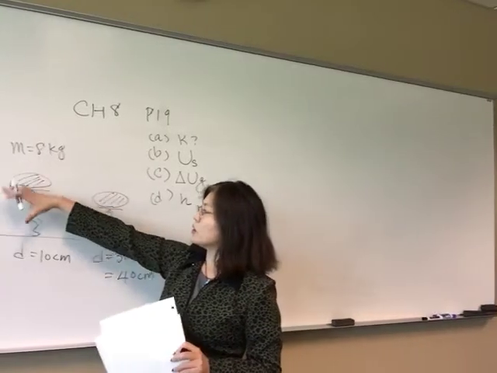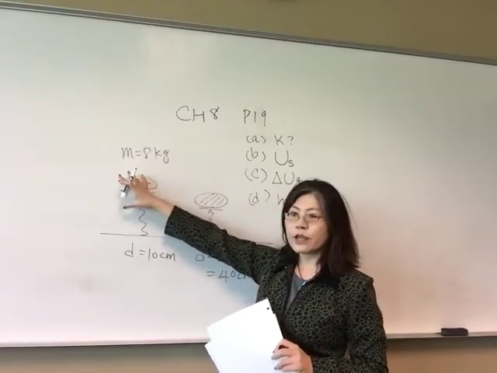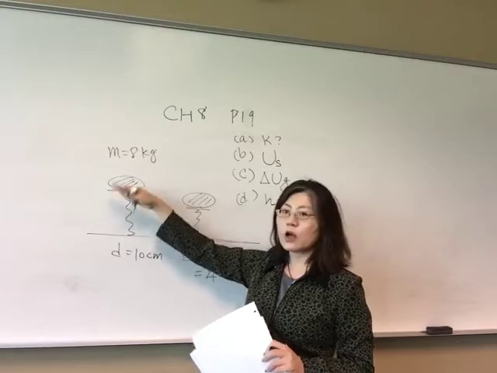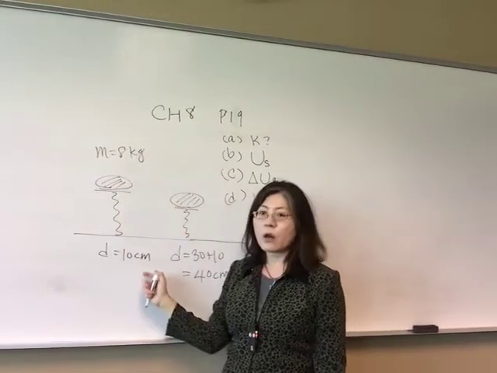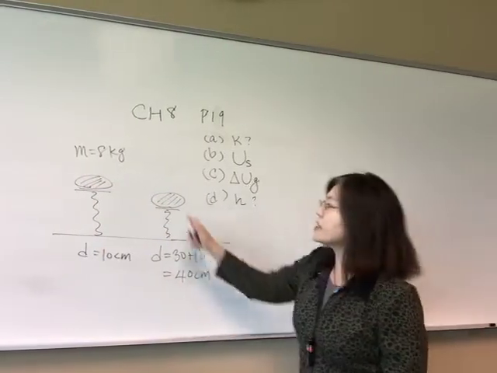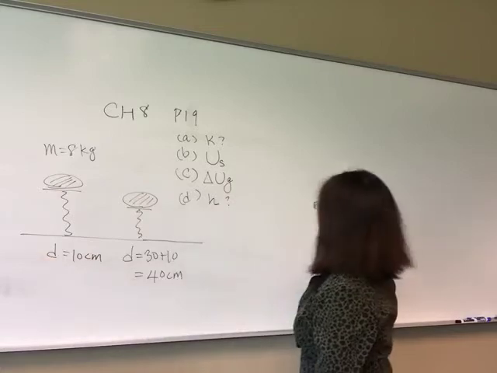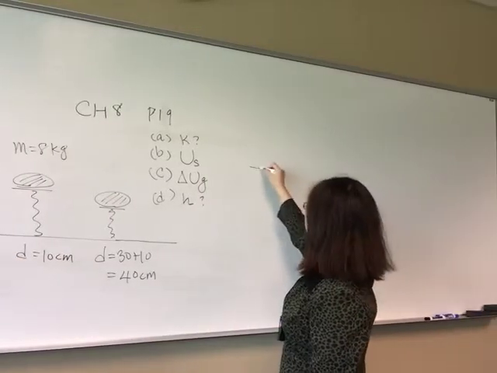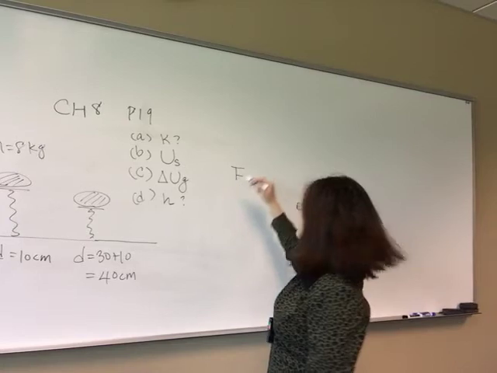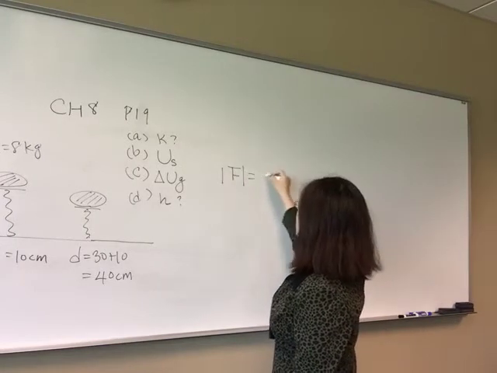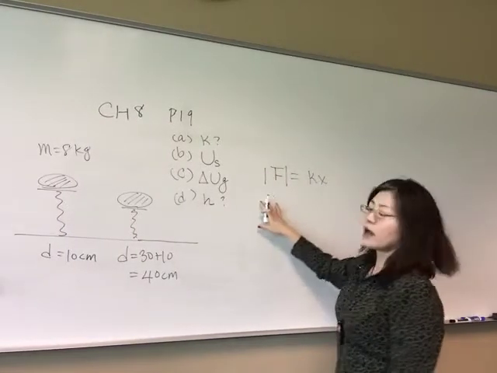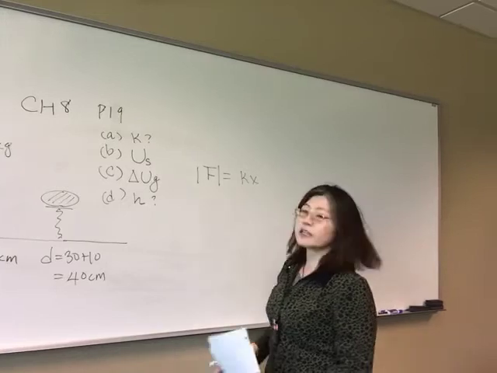So this is a diagram. You have a stone initially placed on the spring, and because of the weight of the stone, the spring has been compressed by 10 centimeters. Based on this information, by Hooke's law, the force acting on the spring, in magnitude, is equal to kx. I'm just going to drop the negative sign, because F is equal to negative kx.